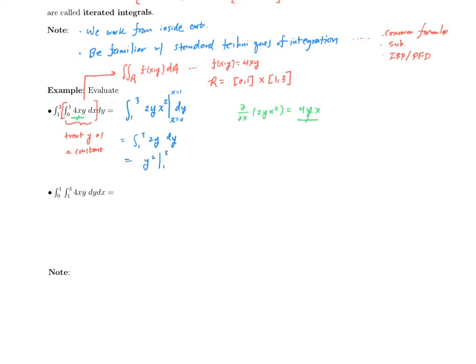We're substituting from 1 to 3. So we replace y with a 3. Minus sign, replace it with 1. 9 minus 1 gives us back the number 8, which, recall, has something to do with a net difference of enclosed volumes of a function of two variables sitting over a rectangle. But for now, we're going to focus purely on this computational aspect.